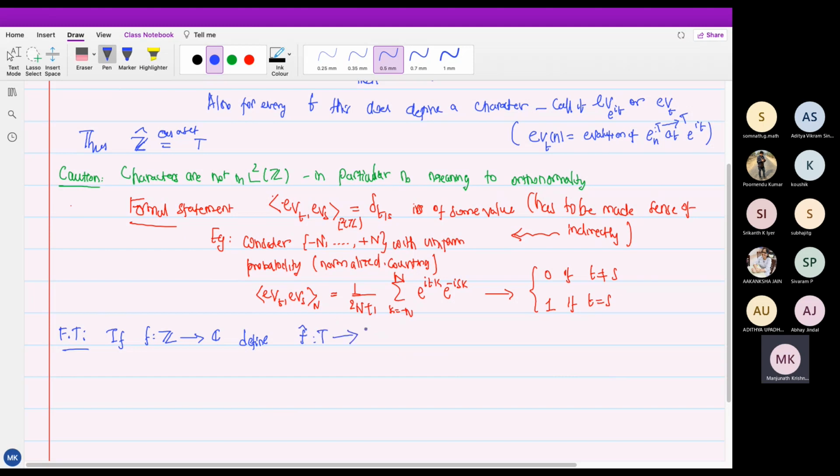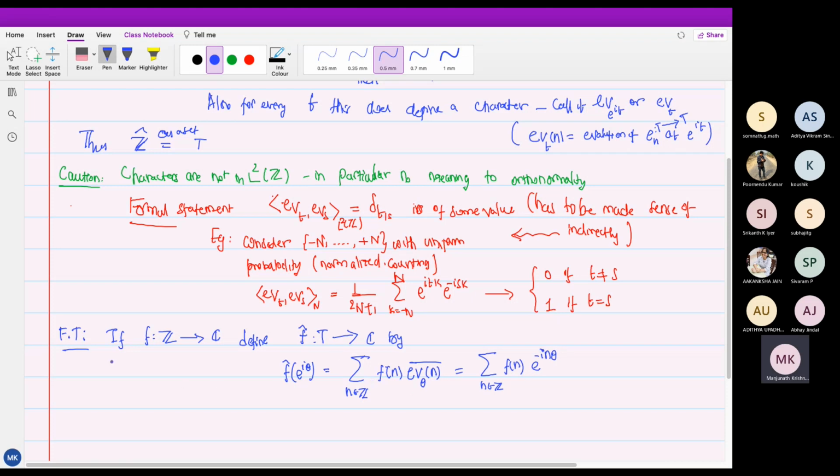The dual is now, characters are indexed by theta. f hat of e to the i theta is, formally you have to take the inner product of f with that evaluation theta, which is the sum over n in Z of f of n times e_theta of n conjugate, which means f of n e to the minus i n theta.